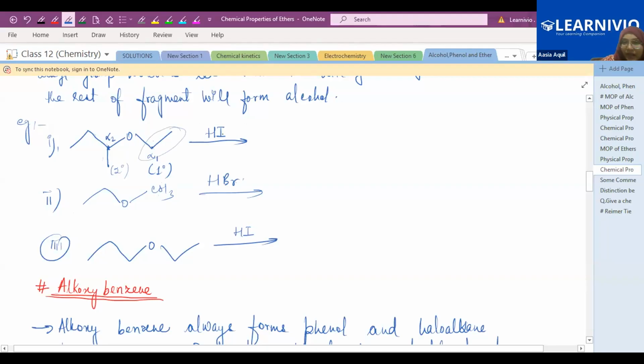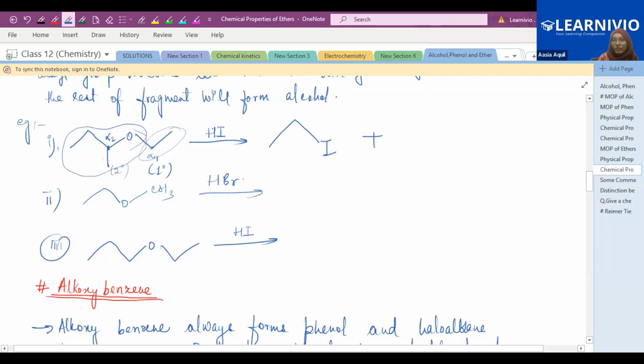This iodine will come and attach to this carbon. So it will form CH2, CH2, and here you will attach the iodine. So you will choose primary alpha carbon to form the haloalkane, and the rest of this fragment will form the alcohol.